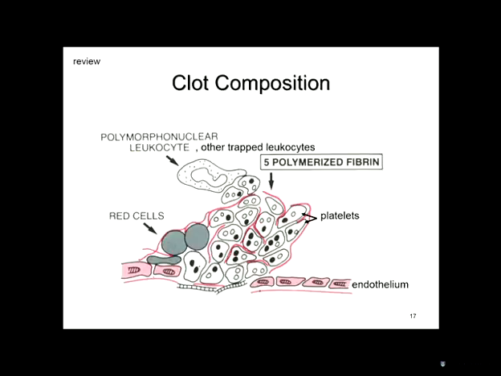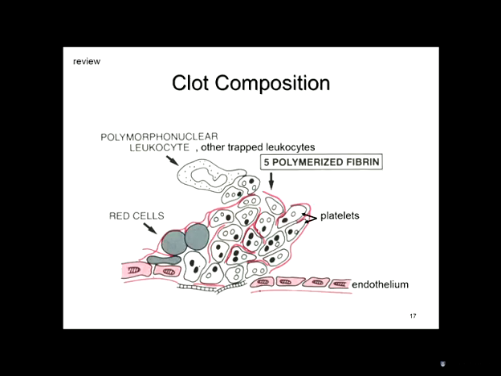All right, so this is the composition of the clot. In the end, this is what you have. So this is the semi-permanent clot. This is your exposed connective tissue, wall of the vessel. These are the endothelial cells, and here are your platelets, and they're adhering to the wall, they're adhering to each other, and this red stuff in between is the fibrin.